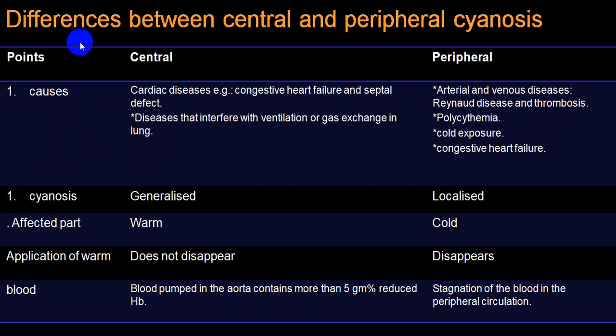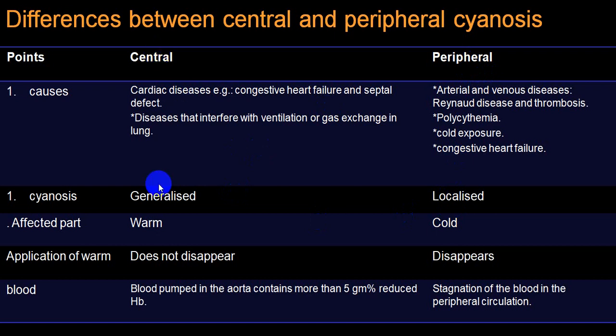The parts affected in central cyanosis are usually generalized, meaning lips, tongue, soft palate, pharyngeal wall, oral mucosa, malar eminence, conjunctiva, nail bed, pulp of the finger, toes, and ear lobules, while in peripheral cyanosis it is localized, mainly the toes and fingers.